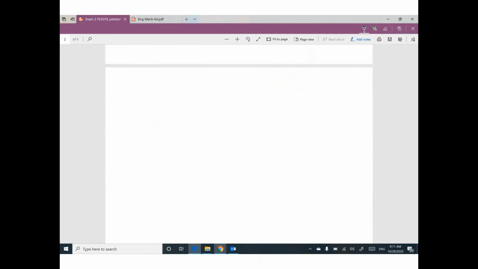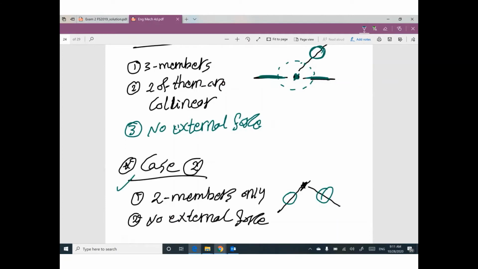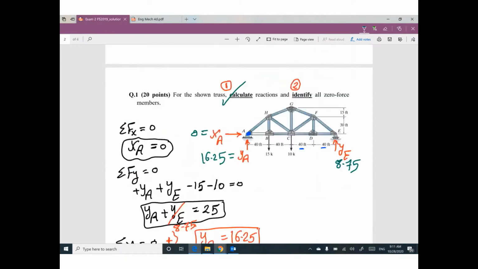Let's try to search for these cases. I recommend to start with this one first. Do you think we have a joint with 2 members only? Yes, I think. This joint has 2 members. This joint has 2 members.